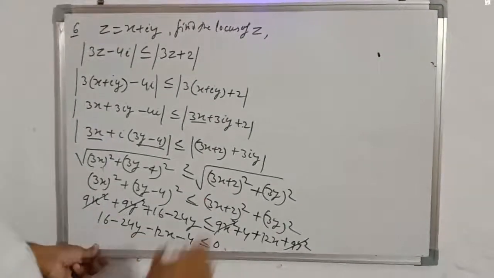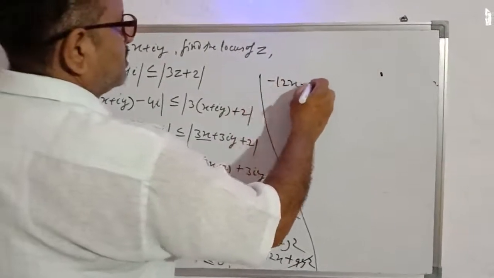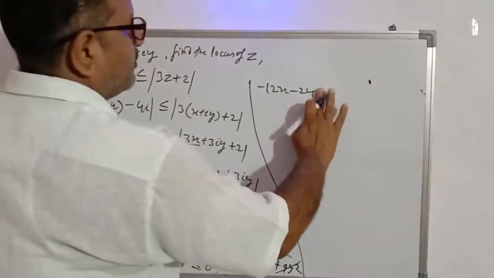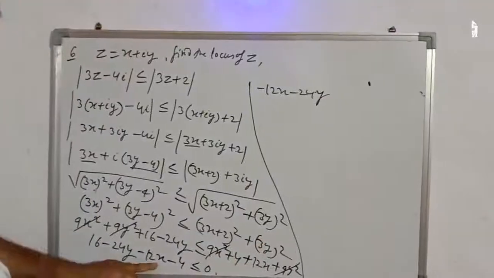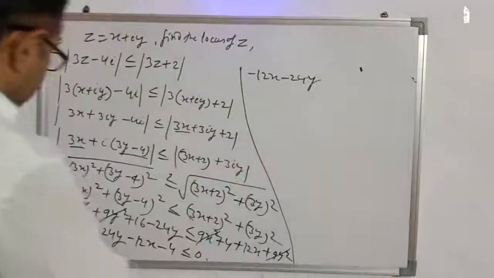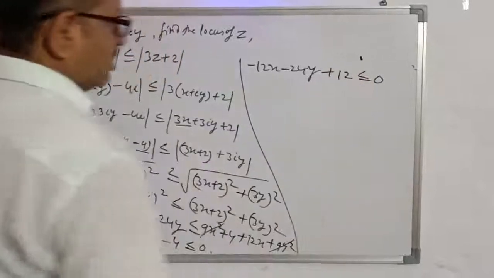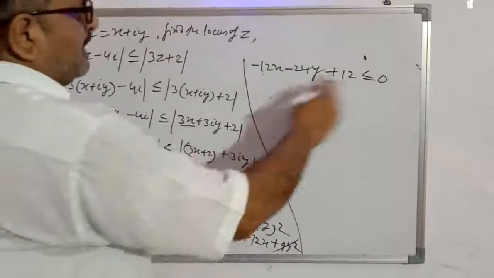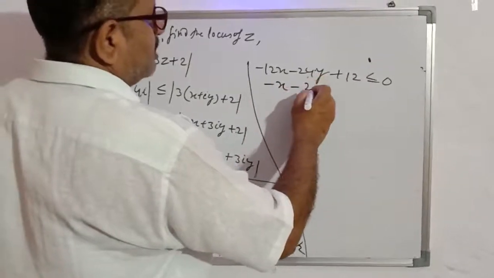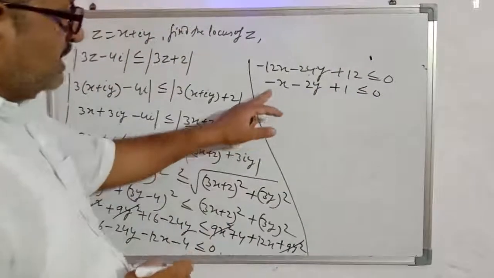So write it as −12x − 24y, and 16 − 4 is 12, ≤ 0. Dividing by 12: −x − 2y + 1 ≤ 0.